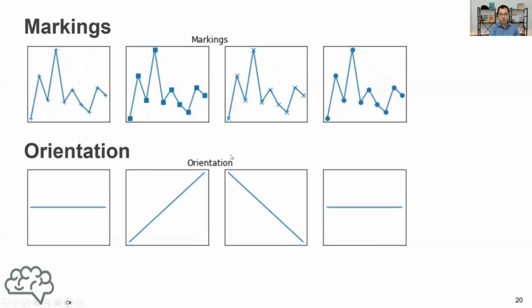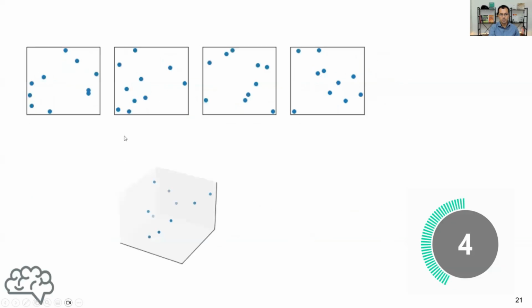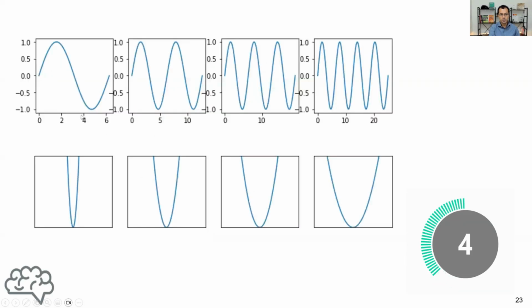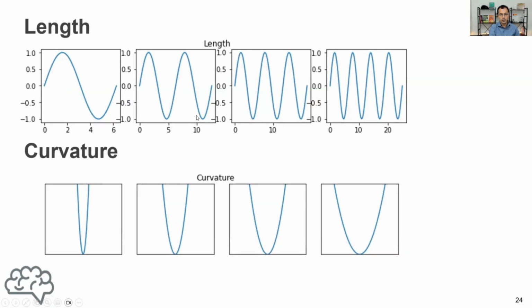Markings and orientation. Ready for the next one? Position and 3D shape. Ready? Length and curvature. This was a bit tricky, right?